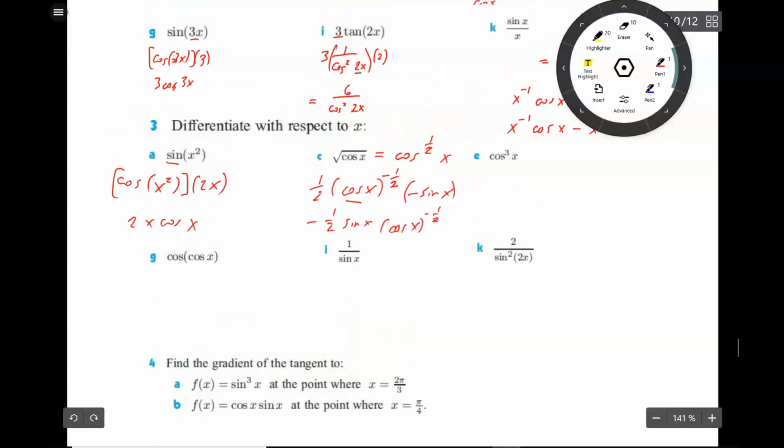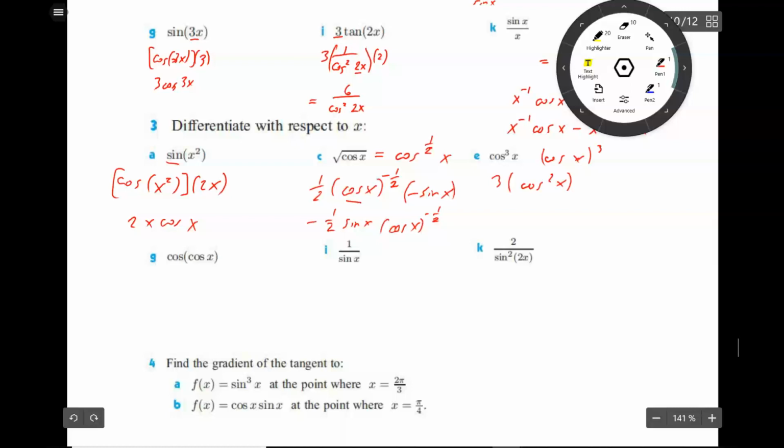Derivative of cosine cubed x. The outside would be power rule because cosine cubed x is the same thing as cosine x cubed, right? So you put 3 times cosine squared x. That's the first step, we did power rule on it. And then we take a derivative of the inside, which is cosine x.